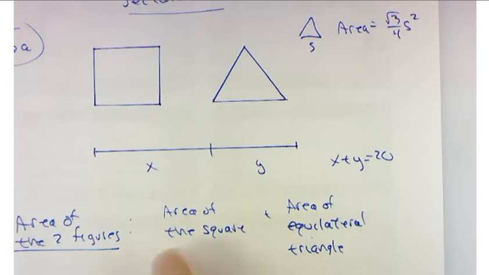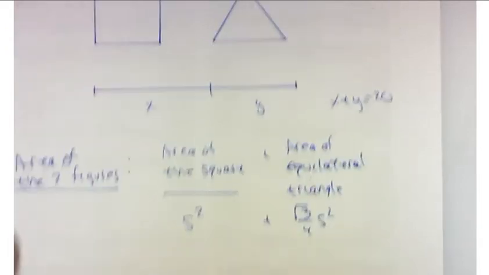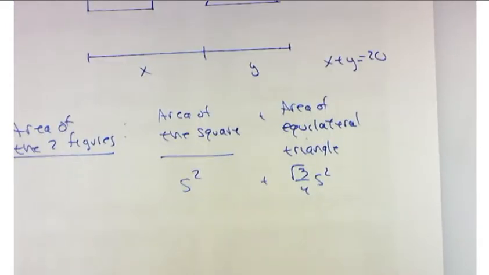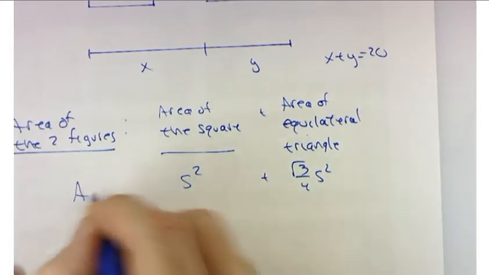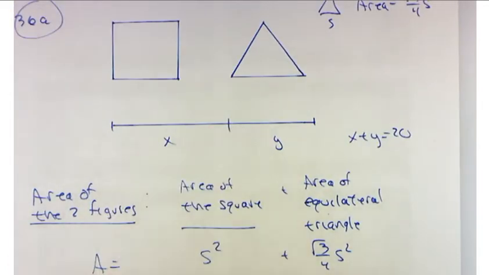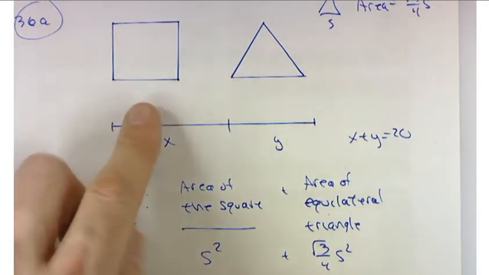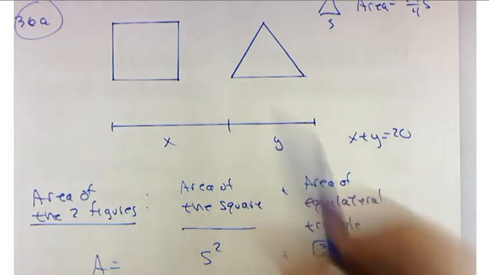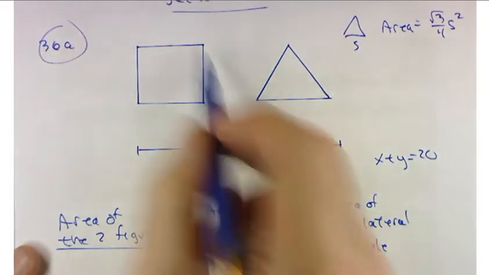So let's think here. Area of the square, that's going to be the side squared. And then this one is going to be square root of 3 over 4 s squared. But I can't really use s for both of these. That's just a stand-in right now until I get something better. Suppose we cut this at a length x and use x to make the perimeter of my square.